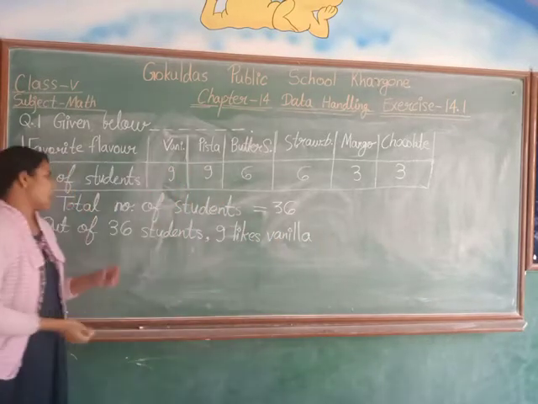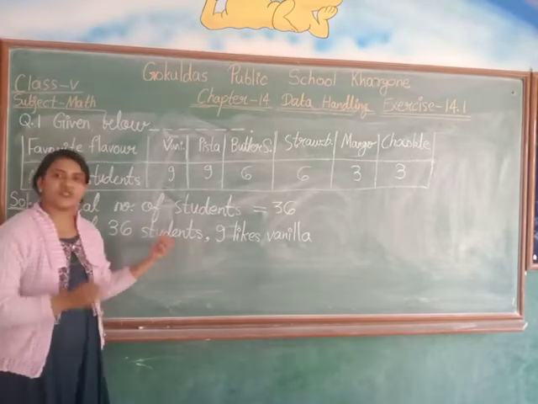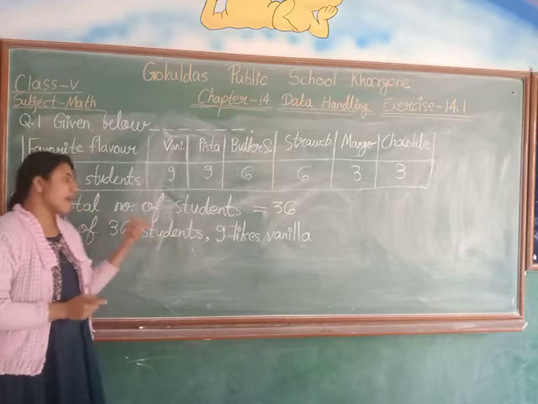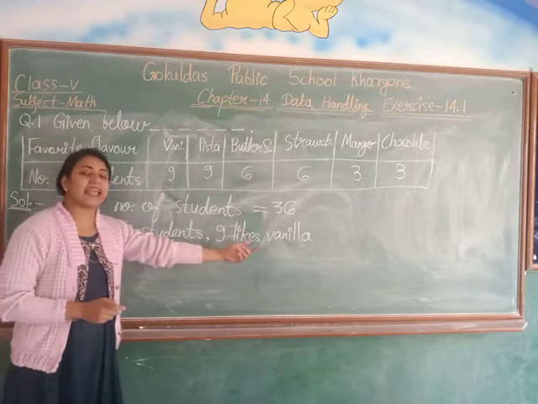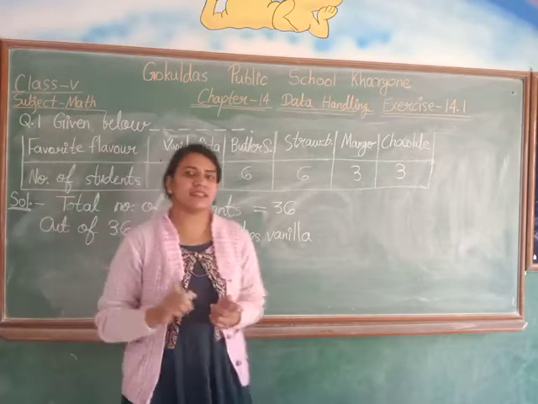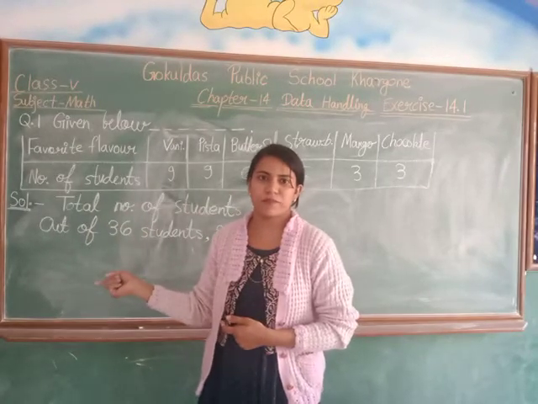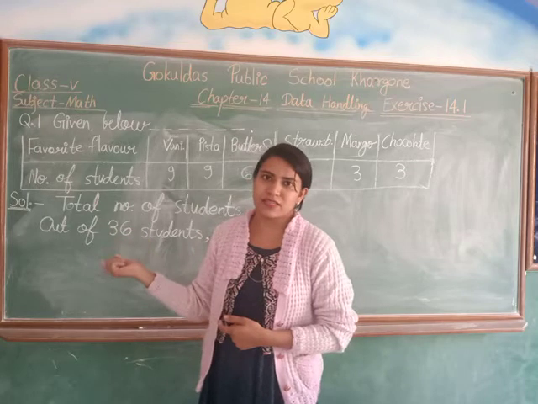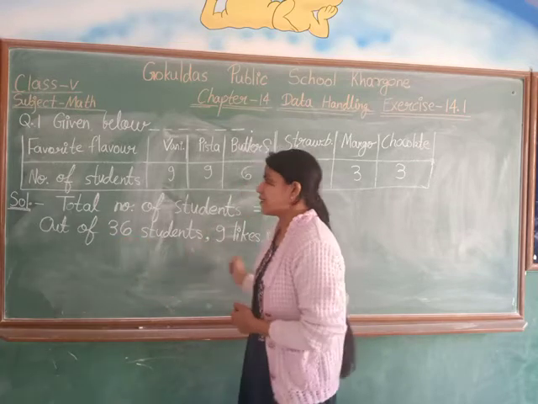Right? Total students in the class are 36, and out of 36, 9 like vanilla. Can you write this in fractional form? Yes, in the chapter on fractions we have discussed this. How can we write this?